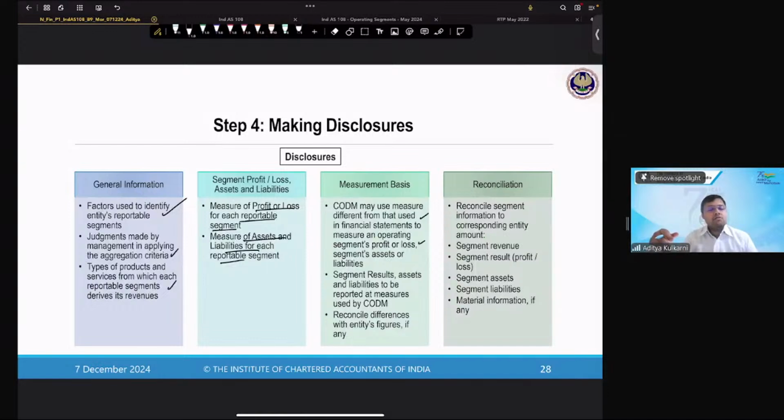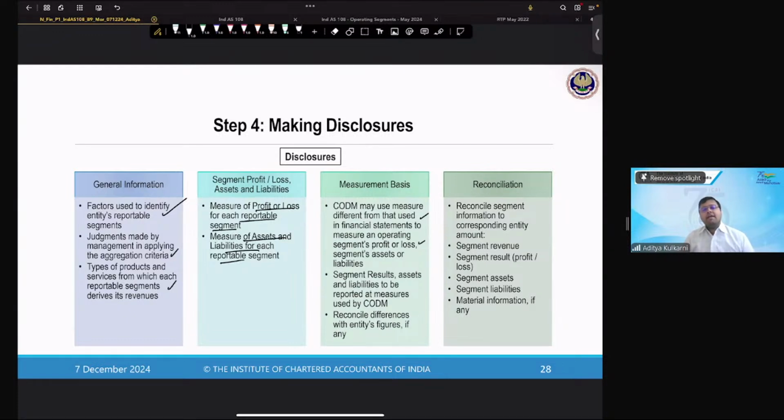From contribution, you remove other indirect labor and other operating expenses to arrive at EBITDA. After EBITDA, you will have depreciation and finance cost to arrive at net profit before tax. Then you eliminate the tax expense.